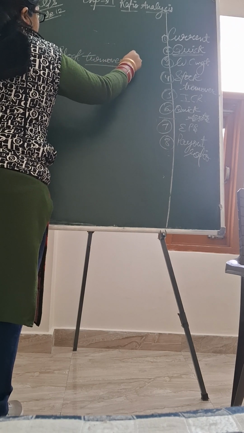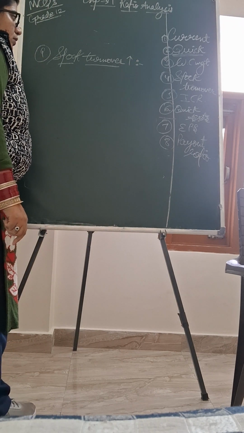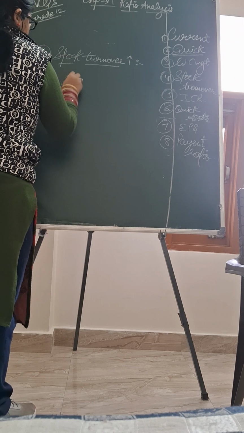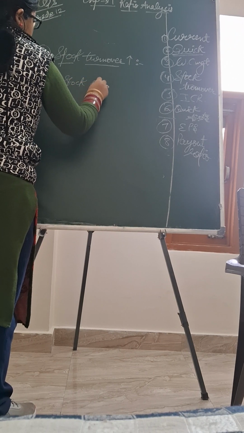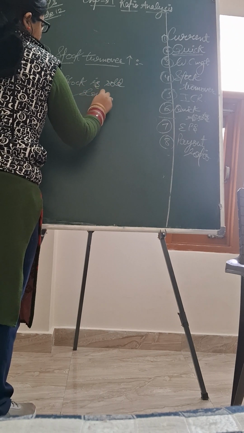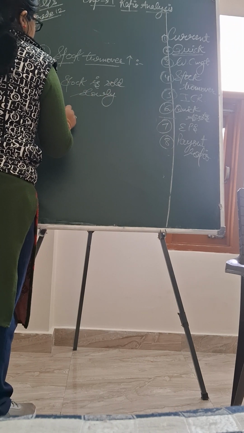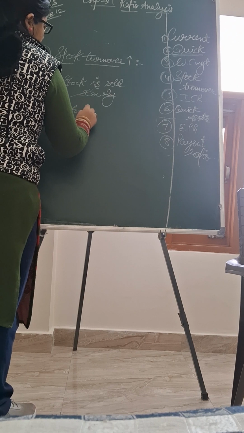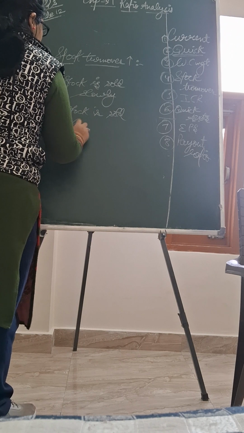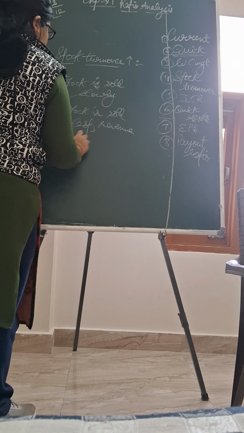If the stock turnover ratio increases, this is the easiest way, there is one option that the stock is sold slowly. The second option is that stock is sold fast and revenue is generated.